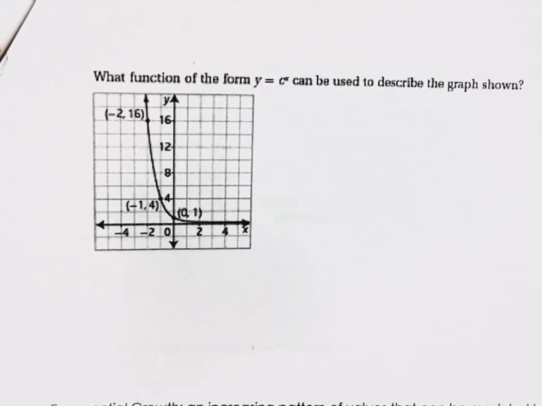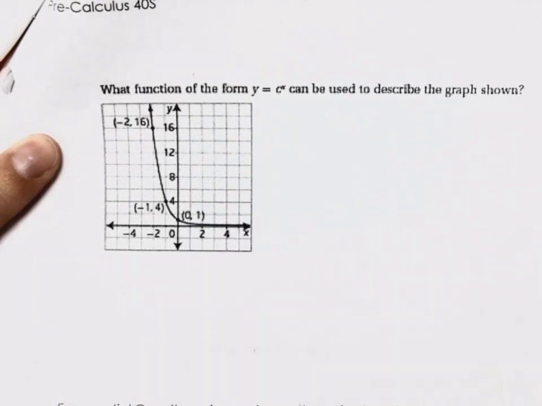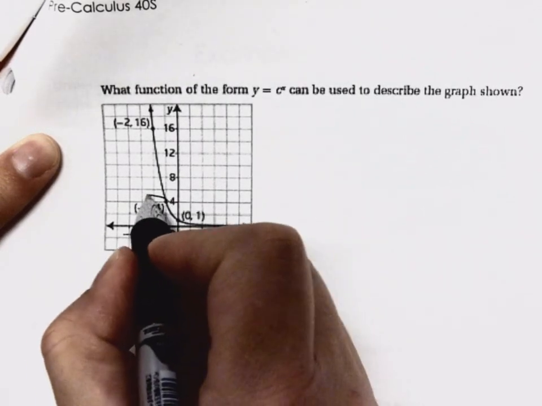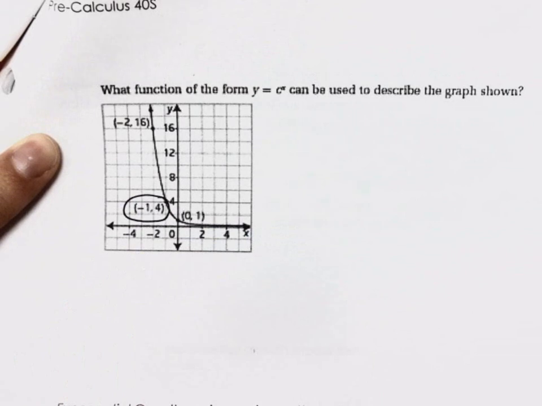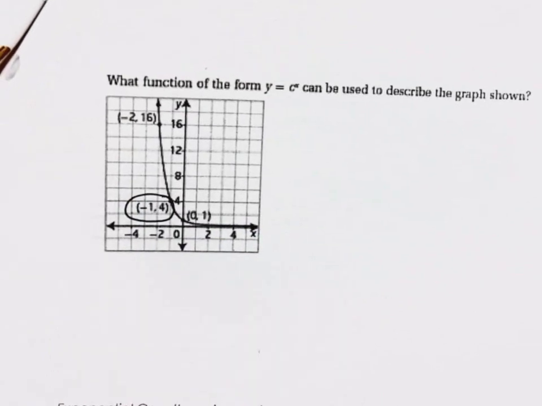So how do I figure that out if I'm not as confident with this? I know a couple of things. I know that it has a common point of 0, 1, so I know there's no transformations. And plus today we're not touching transformations. We're just going to get familiar with this. If I look at this point, -1, I always look for 1 or -1 because that helps me.